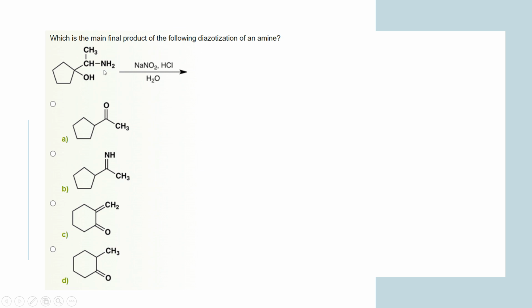At first the diazo formation will take place on this nitrogen, and after knocking out the neutral nitrogen molecule, you will get a carbocation at this carbon.